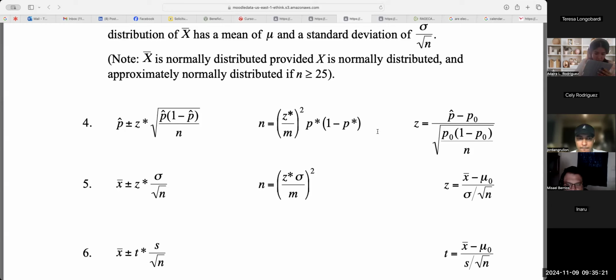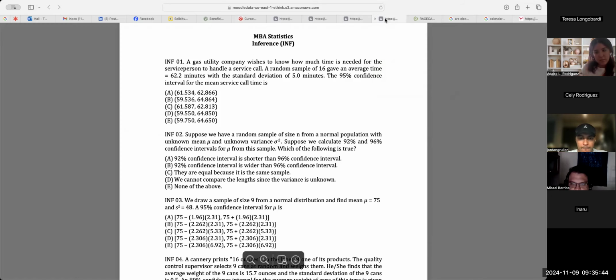And which part of row 4, 5, or 6? Nobody else? Okay, I'll put up the question.